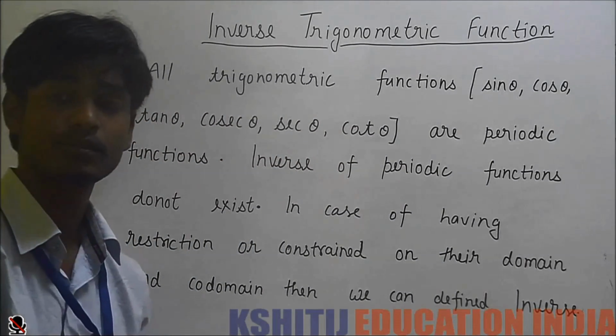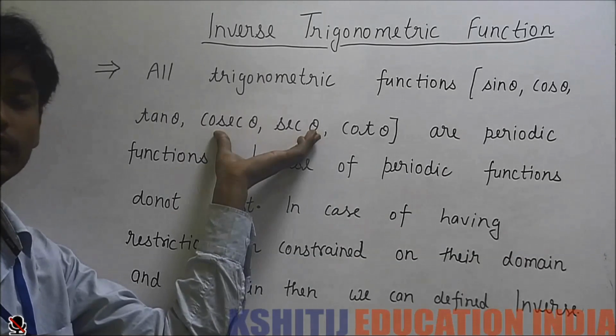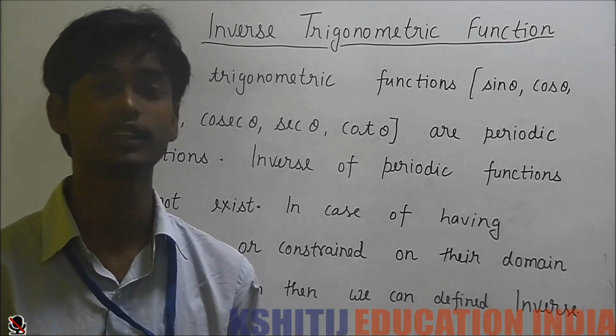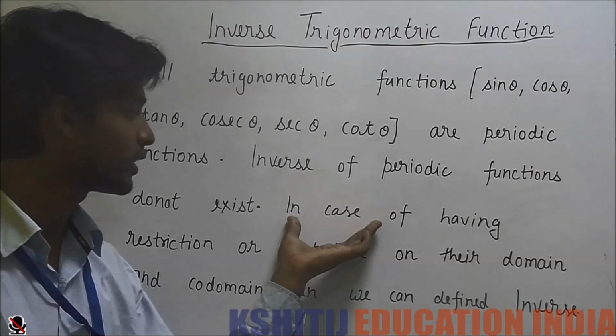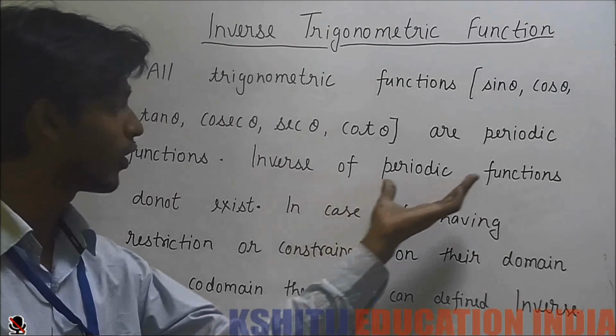Okay, we know that these are periodic functions, and the inverse of a periodic function does not exist because a periodic function doesn't satisfy the condition of one-one onto functions. That's why we are not taking the inverse of the periodic functions.